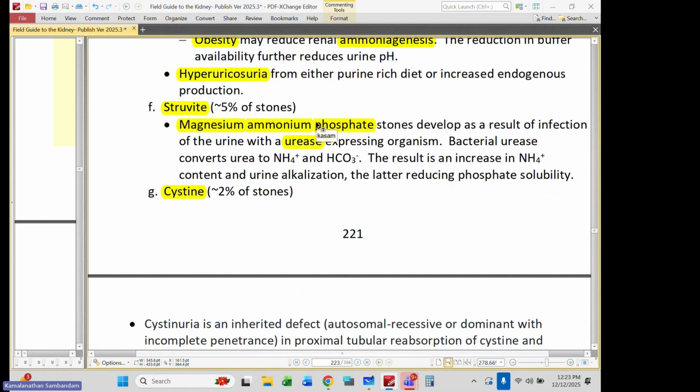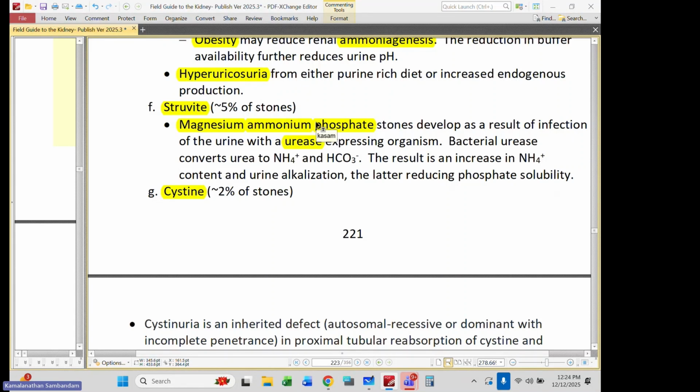Remember, I told you that in the typical Western diet, you're going to excrete about 1 millimole per kilogram of non-volatile acid in a day. 50% of that roughly is going to be buffered by phosphate. The other 50% is going to be buffered by ammonium. So you might see ammonium somewhere around 30 to 50 millimoles, roughly half of 70, right?